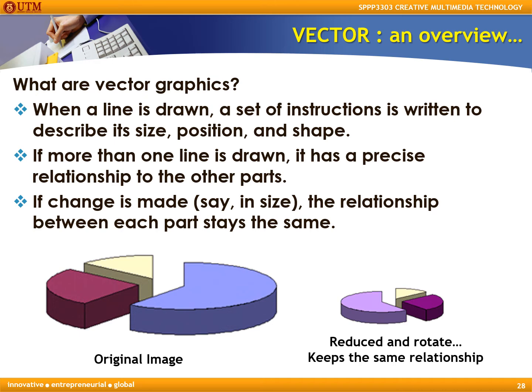So you are actually dealing with computer language, okay? If you want to make any change, let's say in the size or whatever, you are going to describe the precise change that you want to create. Okay, so it's all about the relationship between one point and other points.